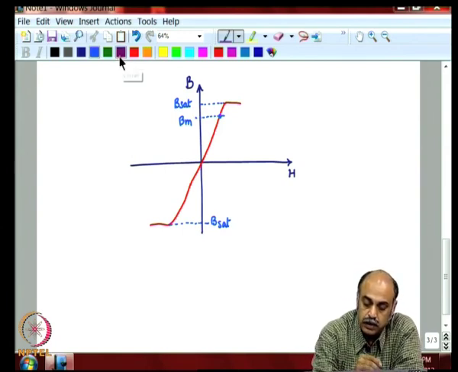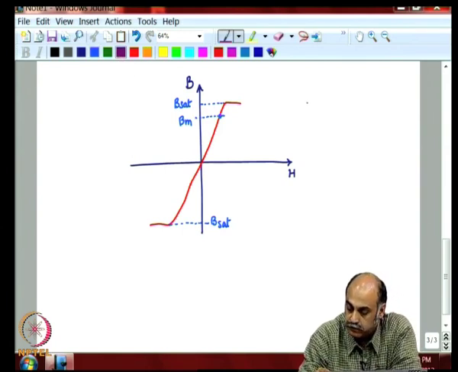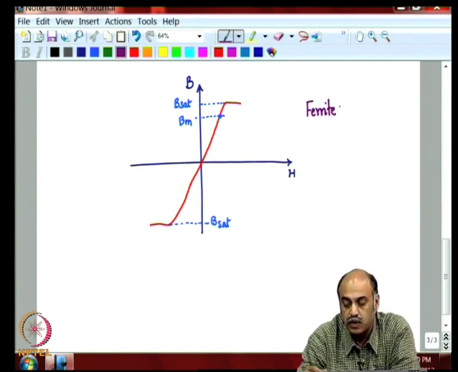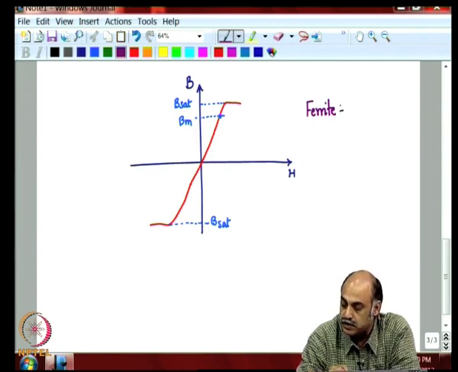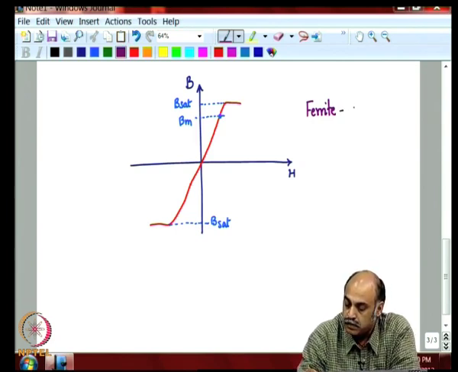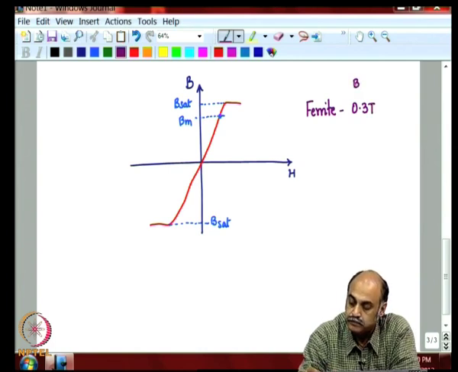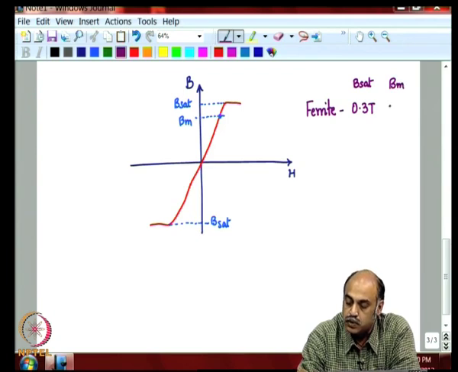If you take, for example, a ferrite material, which is normally used for DC-DC converters and any high frequency applications, the BSAT is around 0.3 Tesla, and Bm you can choose around 0.25 Tesla.